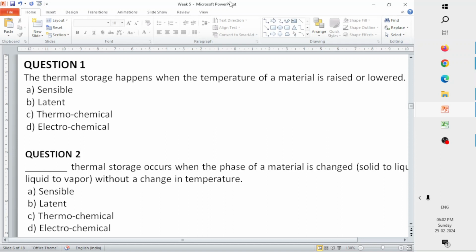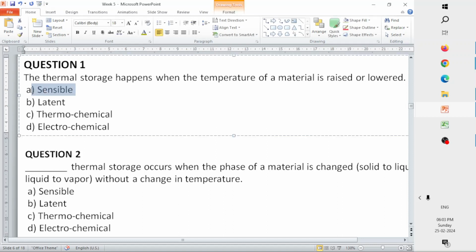In that process, it is gaining some energy. Where there is no phase change but the energy is increased by increasing the temperature of the material, that is called sensible heat. So the answer for this is A, sensible.